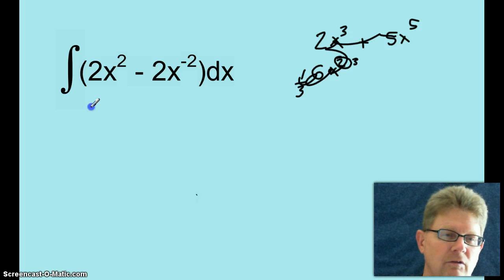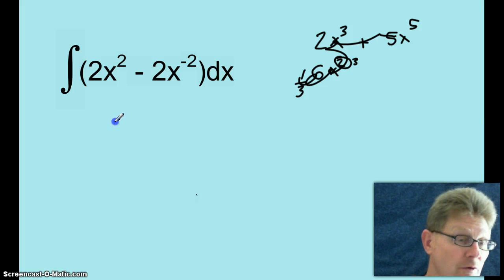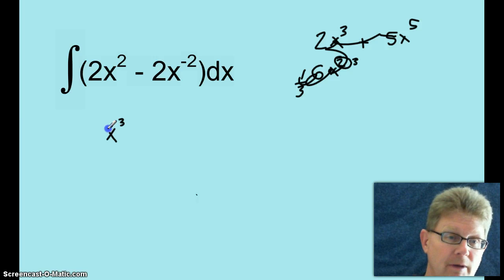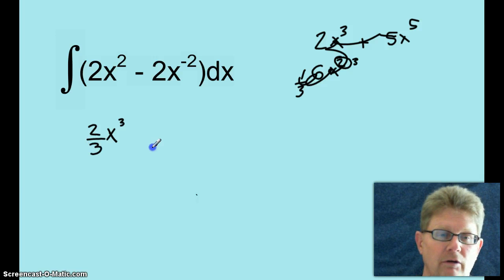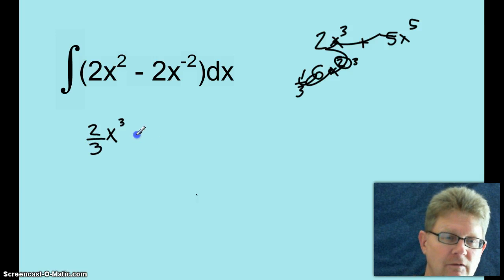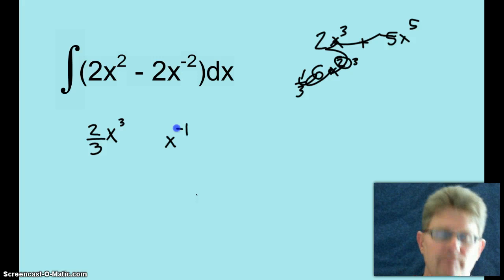For these, we are going to add 1 to the exponent. That would be 3. And we're going to multiply by the reciprocal of 3, which is 1/3. So that would be 2/3, because there's a 2 out there already. Minus, wait a minute, we're going to add 1 to the exponent. So that would be x to the negative 1.